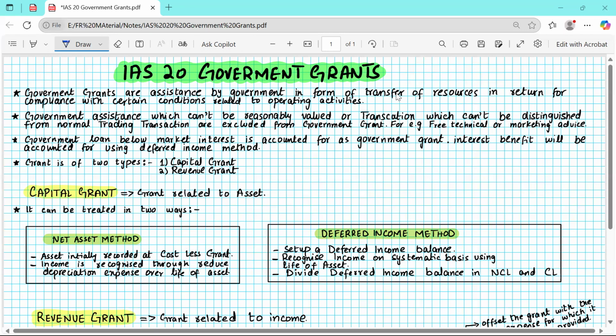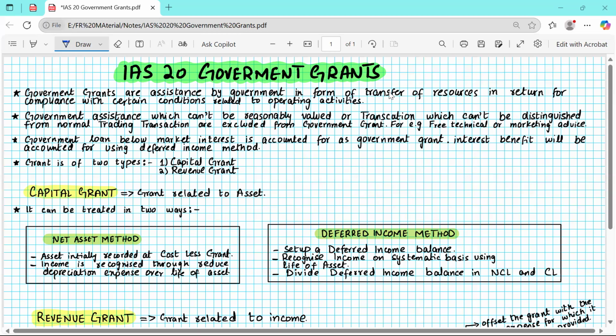Okay, what is government assistance basically? Government assistance which can't be reasonably valued, or transactions which can't be distinguished from normal trading transactions, are excluded from government grants. Very important point. Government is giving you some kind of assistance in return for the company meeting certain conditions.